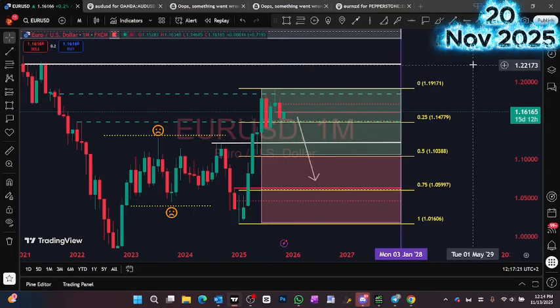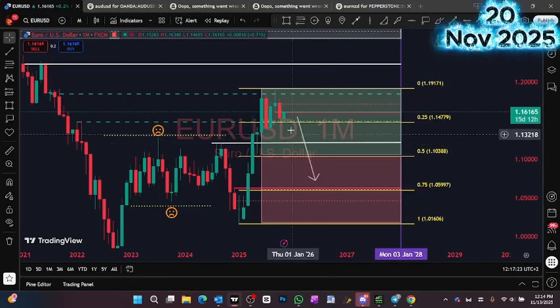So as traders, we cannot buy the pair when it's on the premium. That's just a disaster waiting to happen. We need a discount where the price is discounted. Then we know we can buy and sell when it gets high.